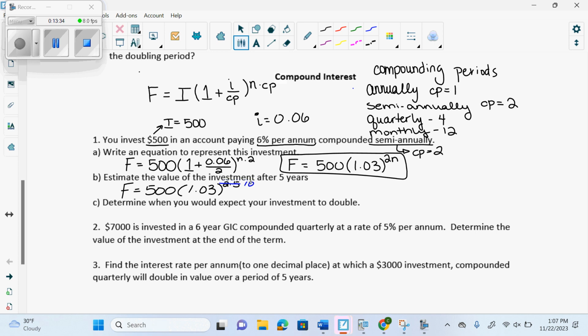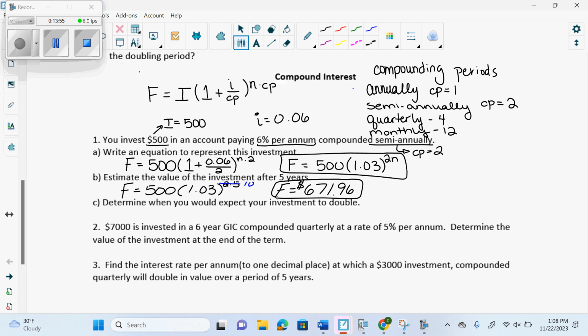So we get $671.96. And remember, on a test we write sentences for all of these. So this would be the value of the investment after 5 years is $671.96.